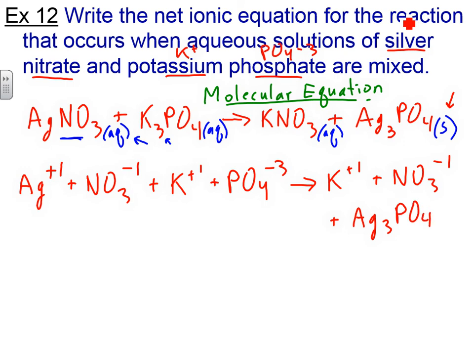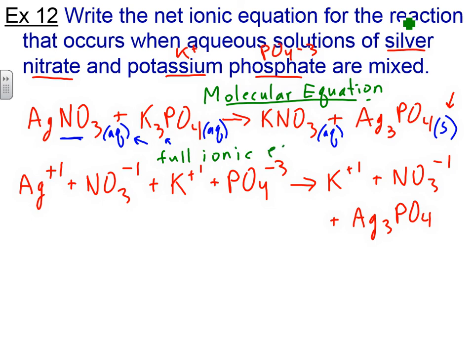And if you want, you can put state symbols next to them, but it's not necessary. Really, what this shows you is anything that's split up into ions is automatically aqueous. This is another way of showing something being aqueous. So this is the full, or complete, ionic equation.